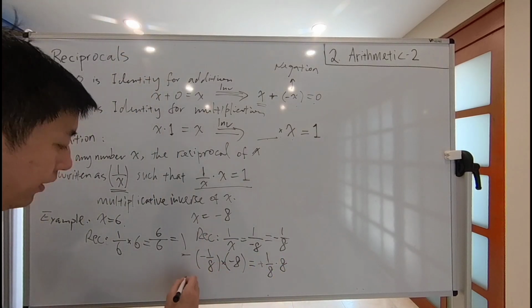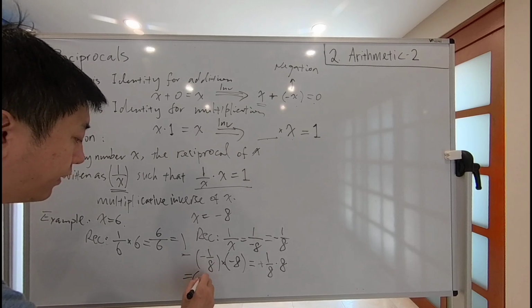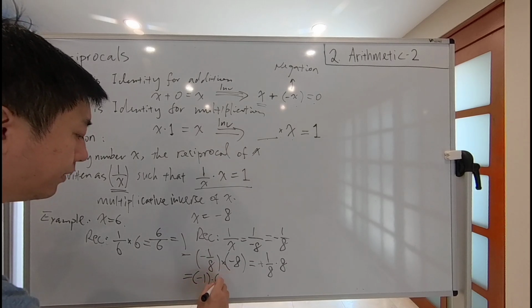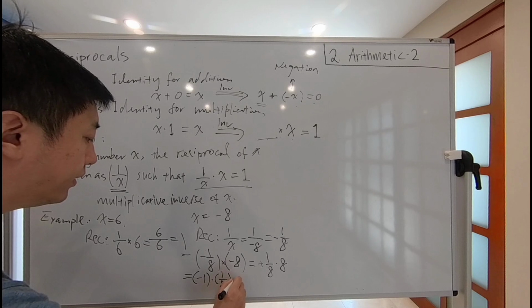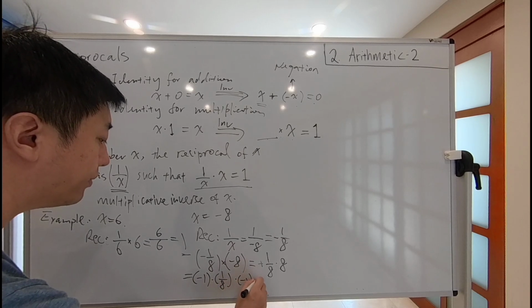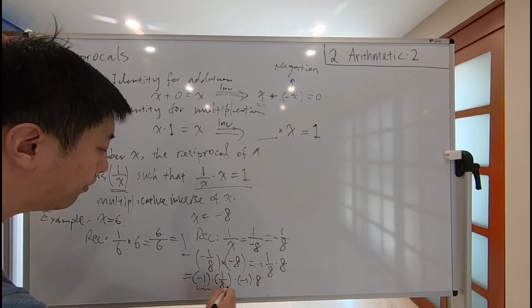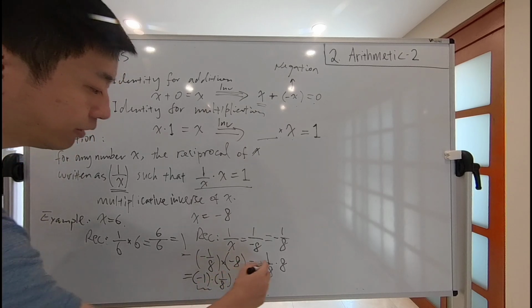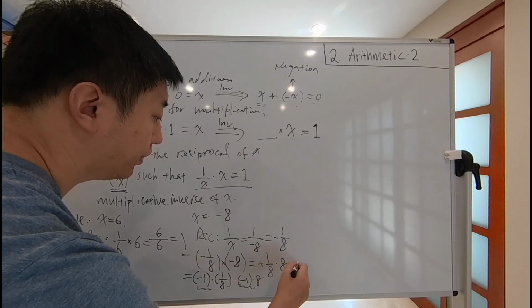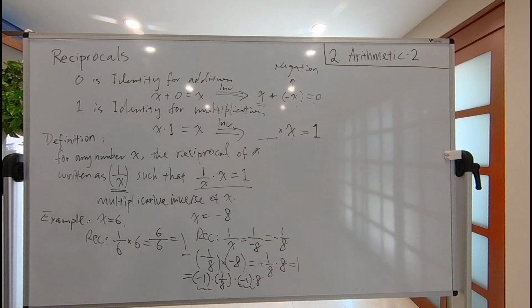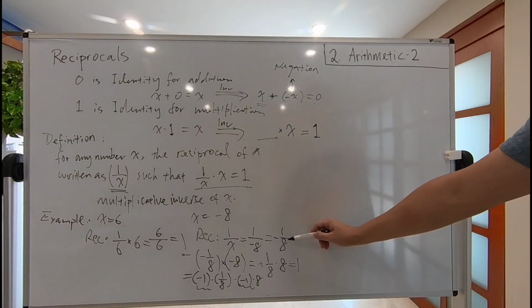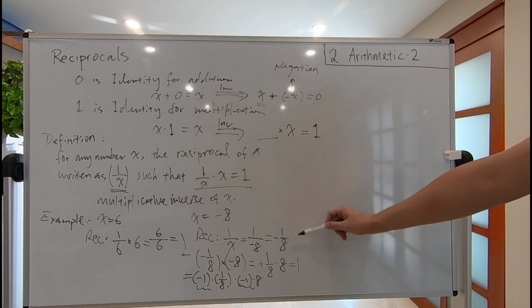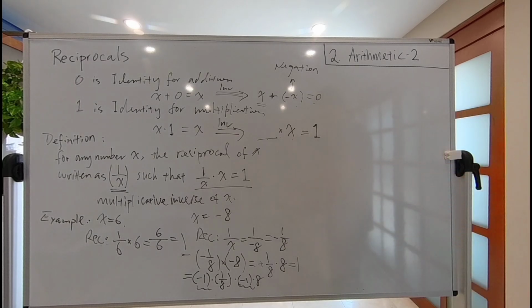Or maybe let me write one more step to clarify. It equals -1 times 1 over 8 times -1 times 8. Then these two -1s become +1. What is left is just 1 over 8 times 8, which equals 1. This proves that -1 over 8 is the reciprocal of -8.